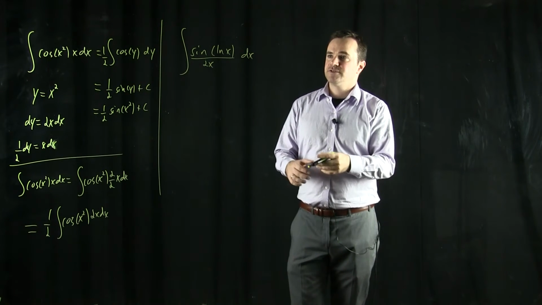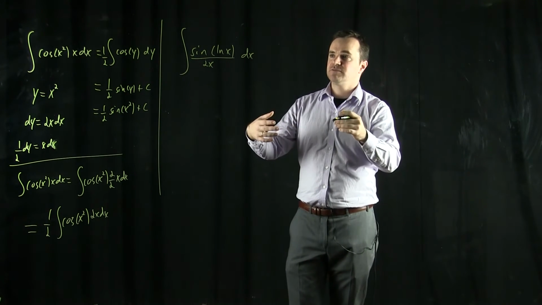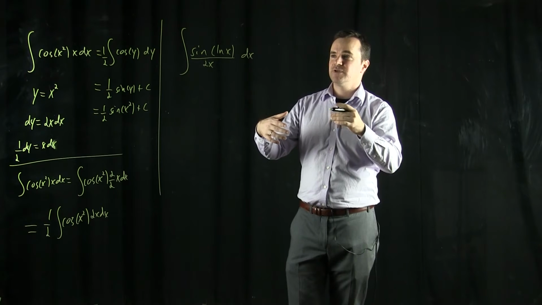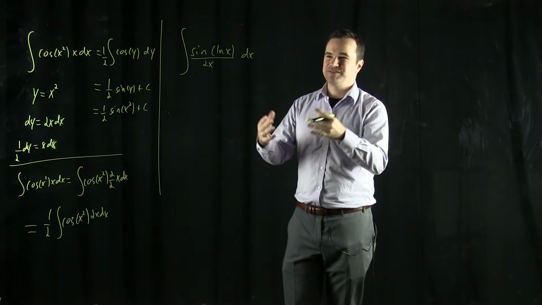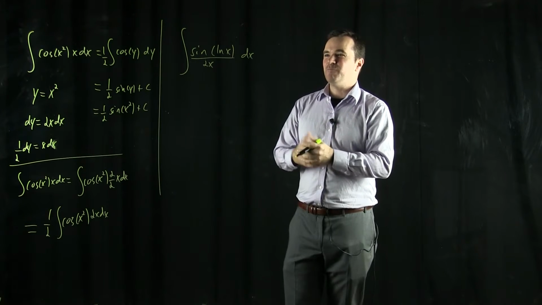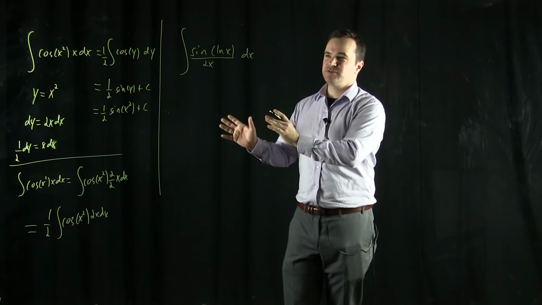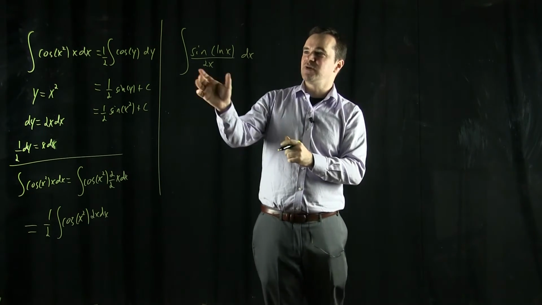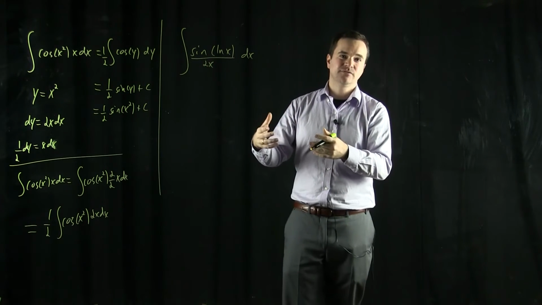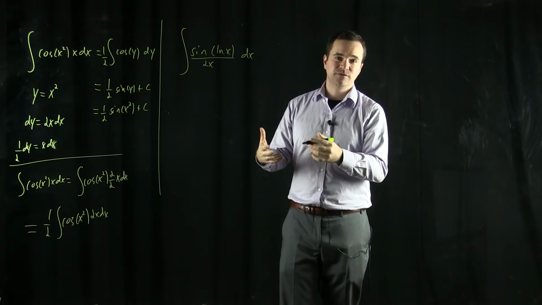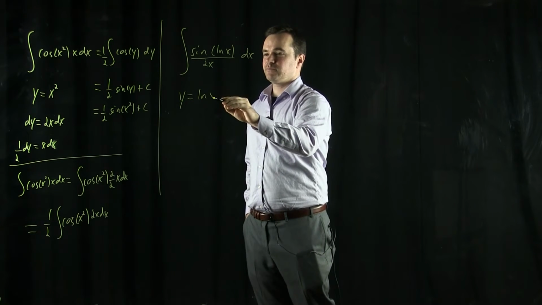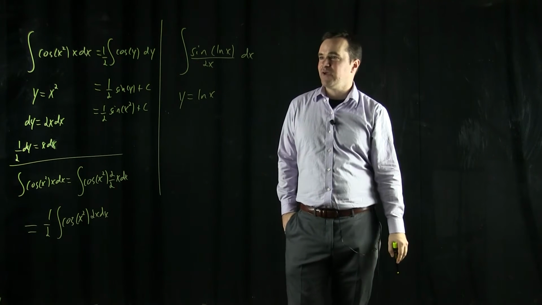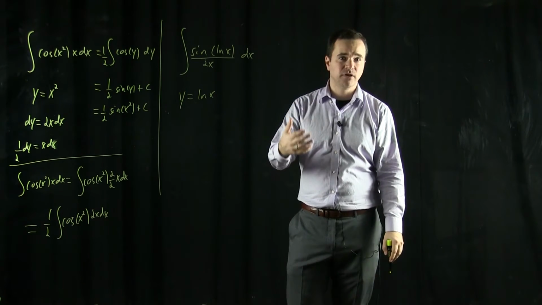You might see where this is going already, or it might just be some funny composition divided by 2x. There's no rhyme or reason. But if you stick with this substitution rule process, we at least recognize here in the parentheses we've got natural log of x. That's our candidate for the new variable. So I'm going to say y equals natural log of x.